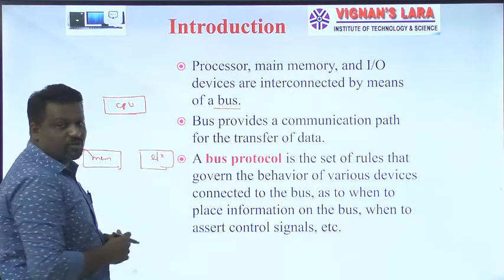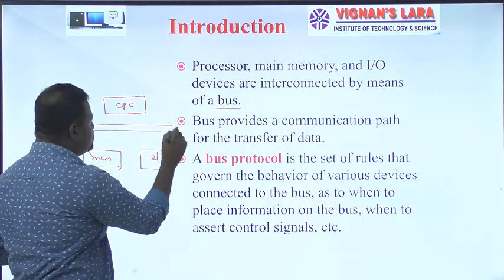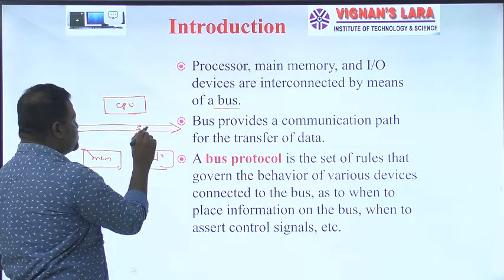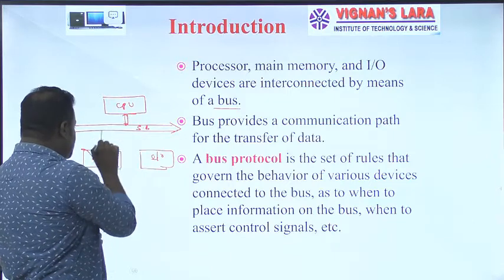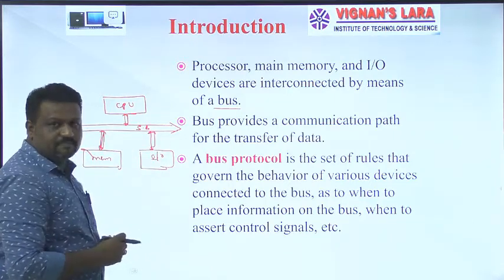Actually, this is the I/O module, you know that. And for communication between these three blocks, we are using a bus which is called a system bus. So, these three devices are connected to the system bus like this.